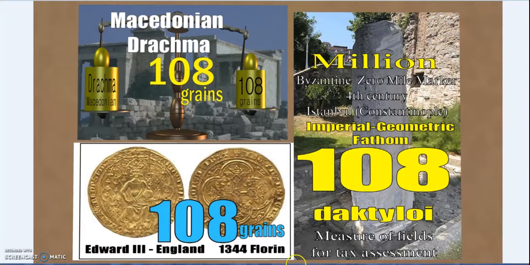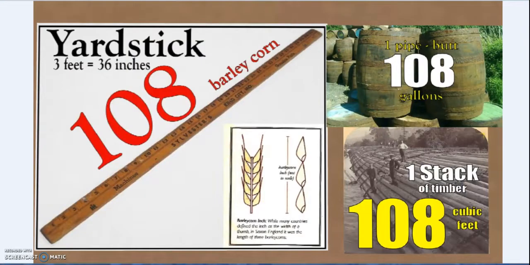But again, across the world, aspects like weights and measures. So 108 grains, you'll find this in ancient weights and even in the 108 dactyloi. So this has to do with measures of field for tax assessment in the Byzantine Empire. But still with us to this day, a yardstick.